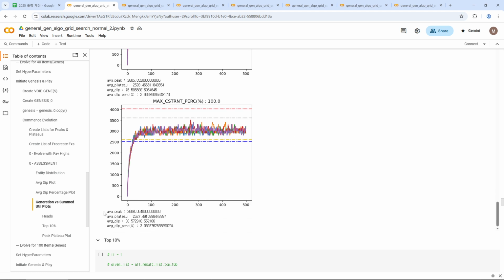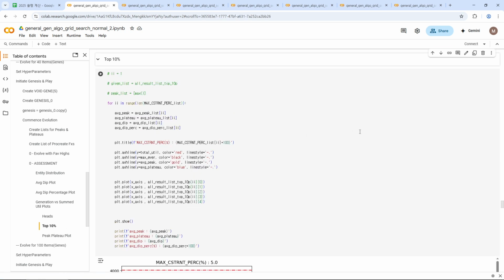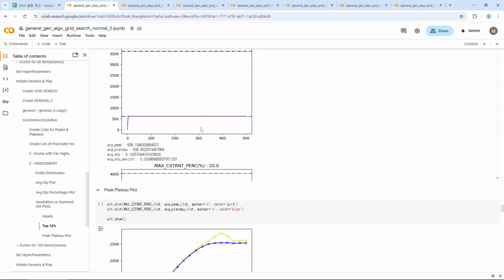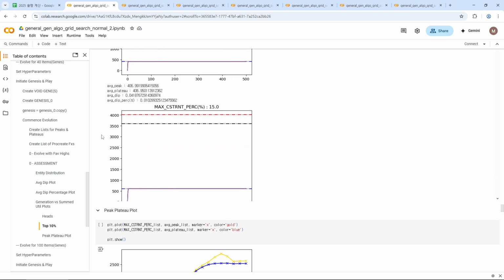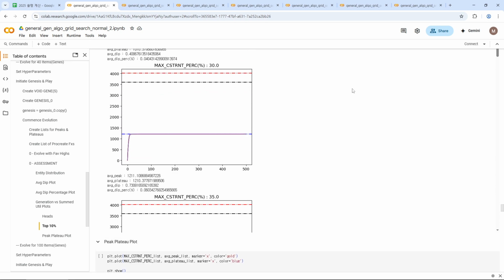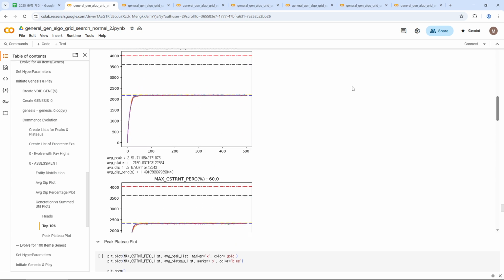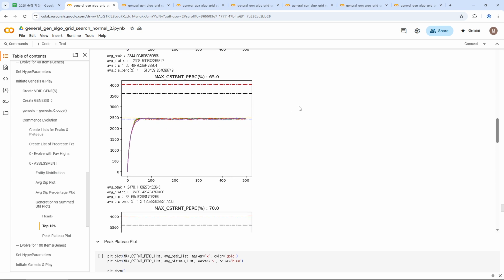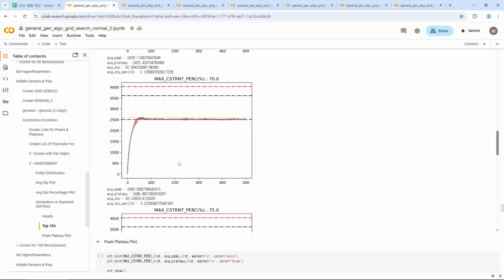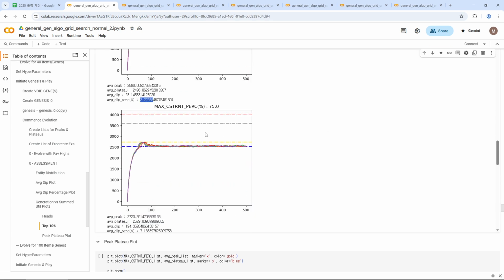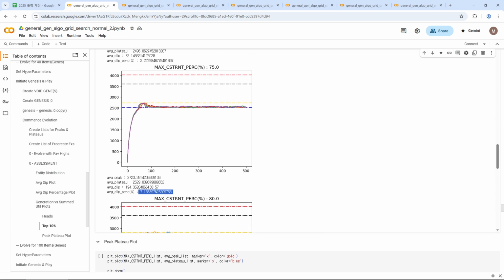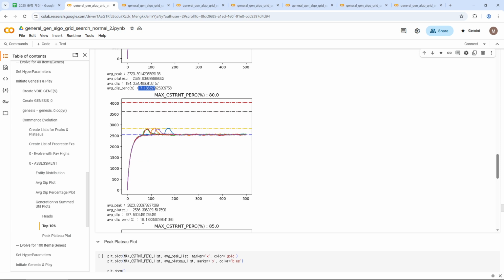Cool. Now, again, looking at 95, 20, 25, 30, 35, 40, 45, 50, 60, 65. Still not much of a dip. A slight dip. 75, and now that's a dip. 7.13. 10.1%. Yes.